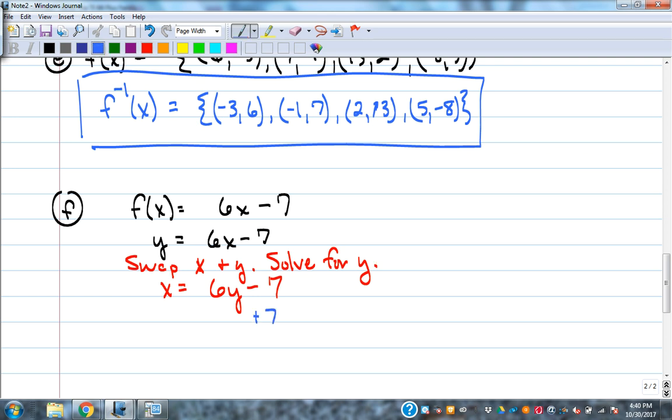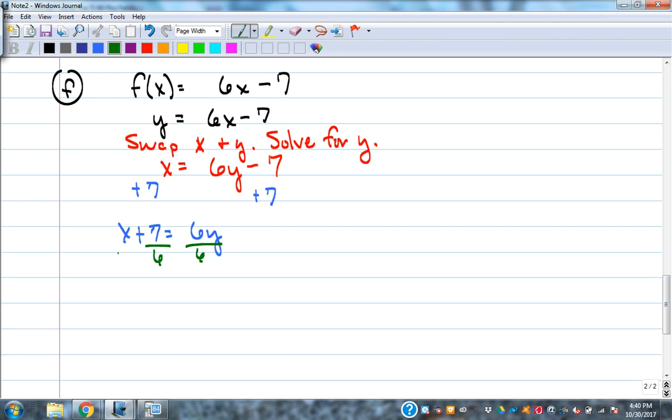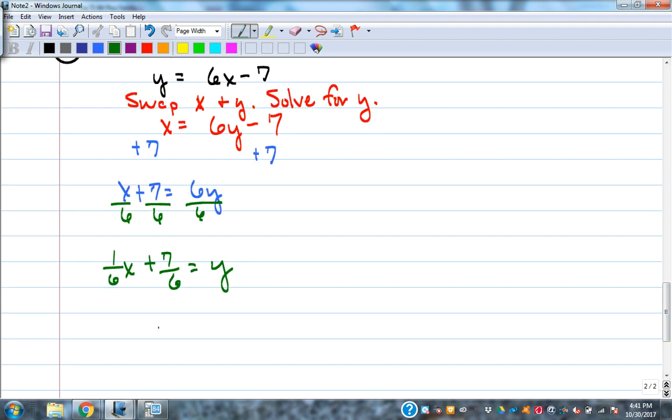So add 7: x plus 7 equals 6y. Divide by 6: 1/6 x plus 7 over 6 equals y. That's the inverse. So I'm going to write it in inverse function notation: f inverse of x equals 1/6 x plus 7 over 6.